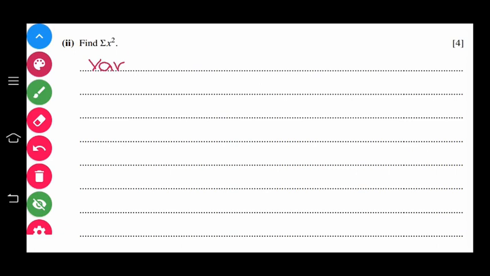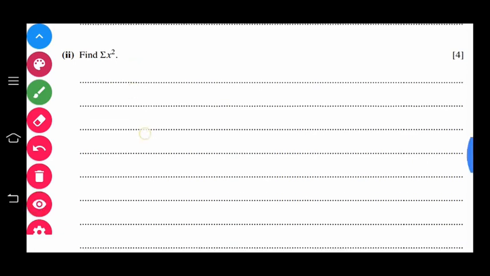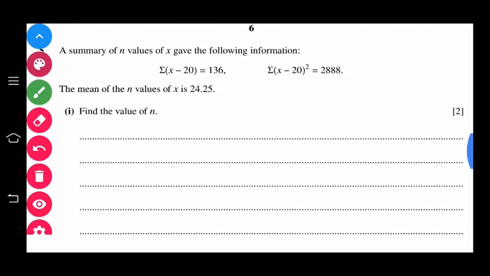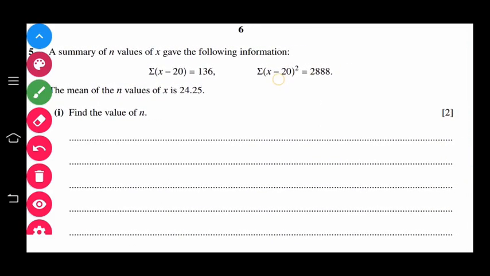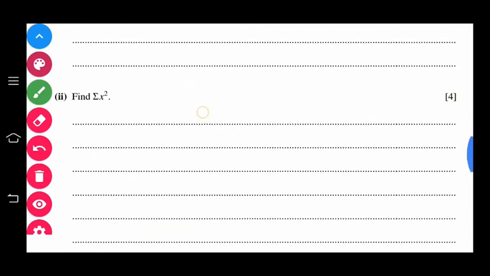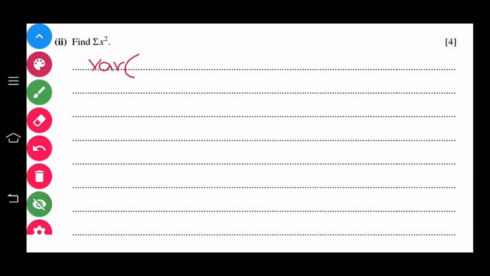Here we have x minus 20. So we have to find the variance of x minus 20, which is equal to, what is the formula?